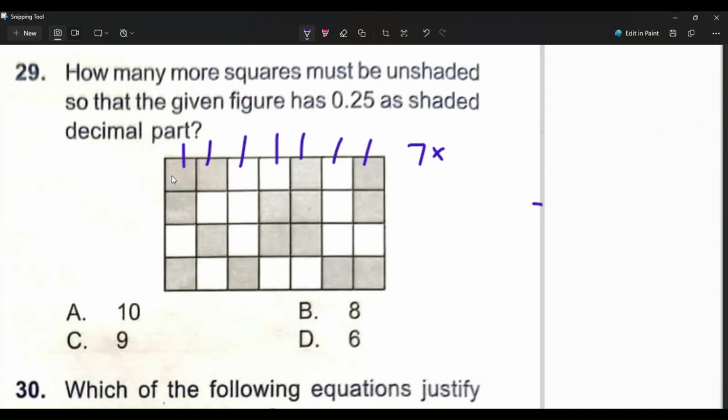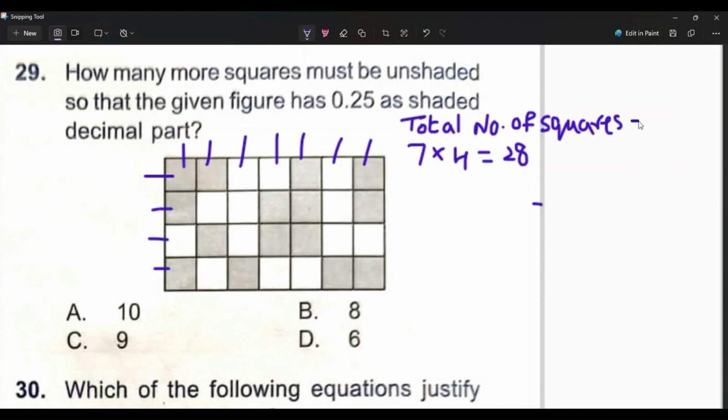Let's count number of rows: 1, 2, 3, 4. 28. So total number of squares is equal to 28.